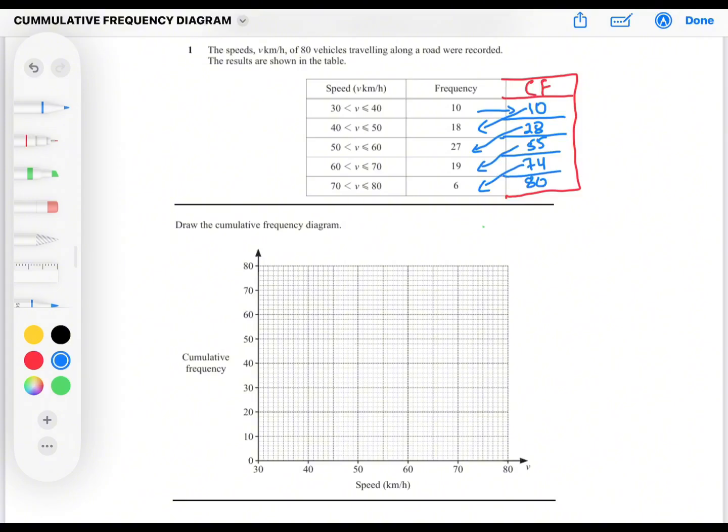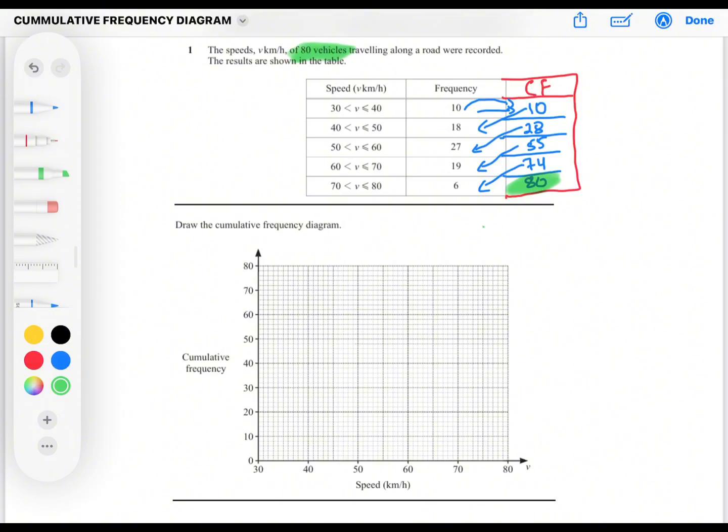So this is how we can find the cumulative frequency. The first value we always copy from the frequency table, and the next values we add from the frequency table. Remember that in the question they have given the total, 80 vehicles, and the last value of cumulative frequency is also always 80.